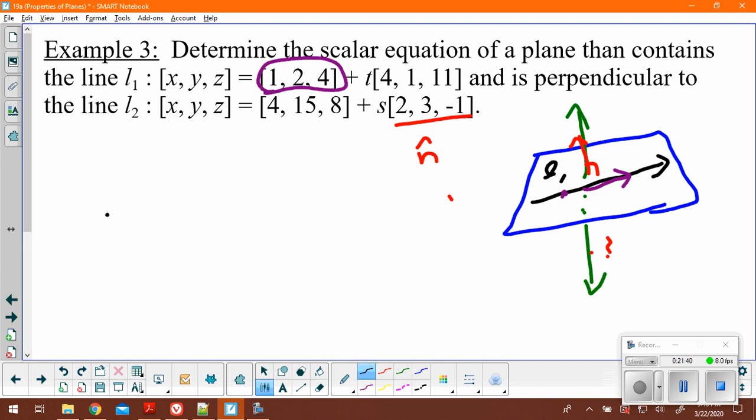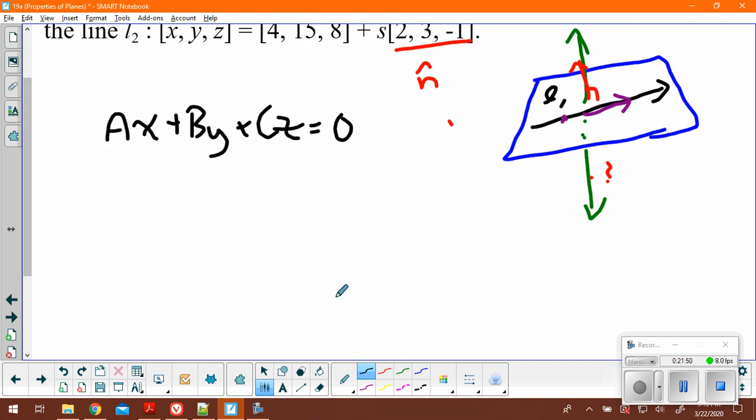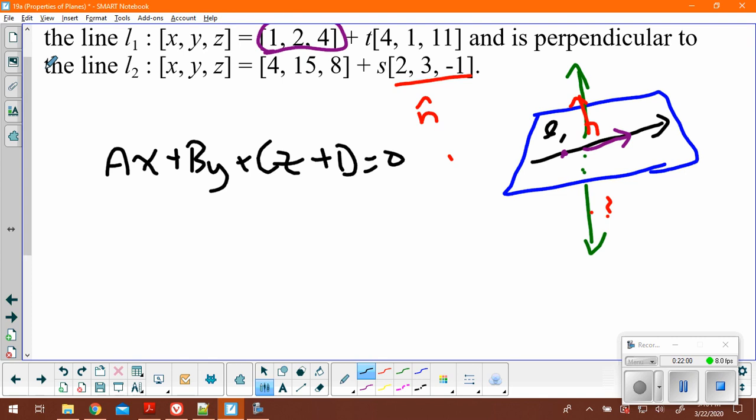So ax plus by plus cz plus d is equal to 0. Oh, I did it again, I forgot the plus d. And then we just start filling it in.